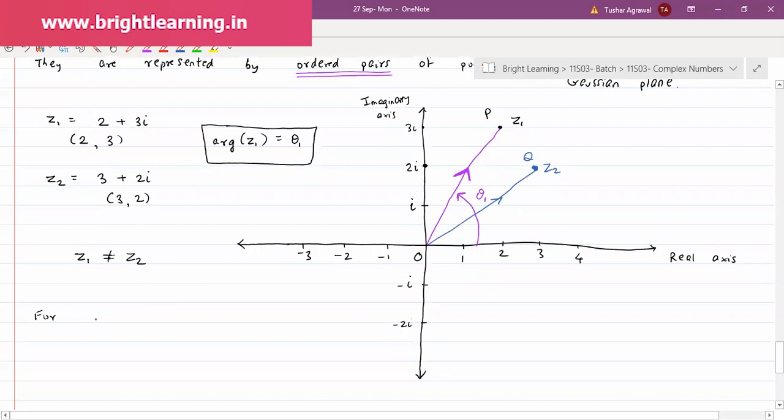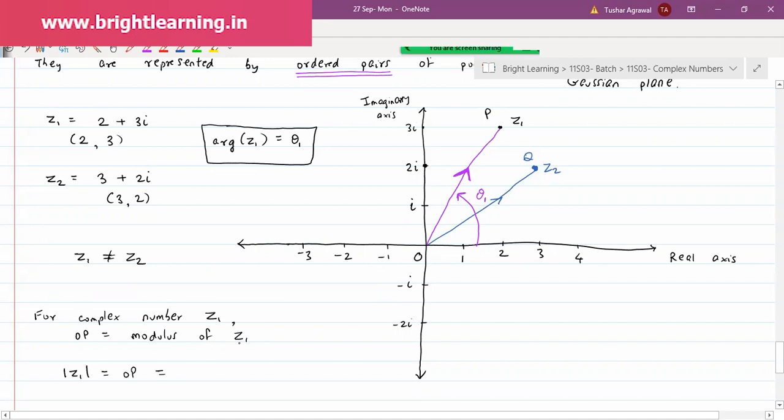Now, modulus. For complex number Z1, the distance OP is called the modulus of Z1. The distance of that point from the origin, represented as modulus of Z1, is equal to the distance OP.